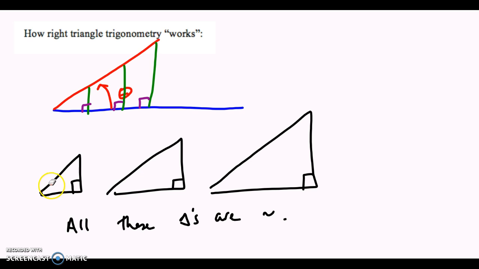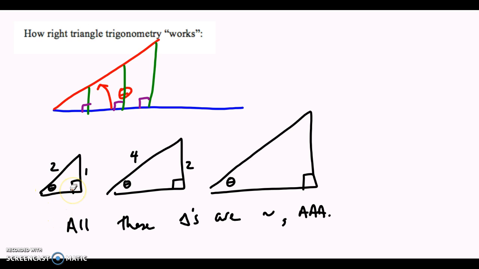The reason I know that these are all similar is because they all have the same angle theta, and they all have a 90-degree angle, which means that all these triangles have the same angles, so they are similar by AAA. That means that since all the angles are congruent, all their sides are proportional. So if I have a triangle that has a side of 1 here and a hypotenuse of 2, and I say that this medium triangle is twice as big, then I know that this hypotenuse value will be 4.